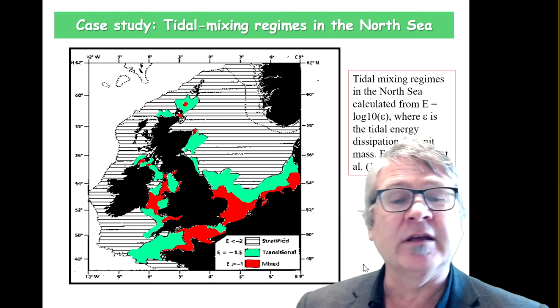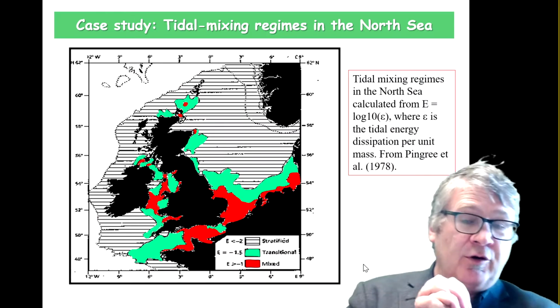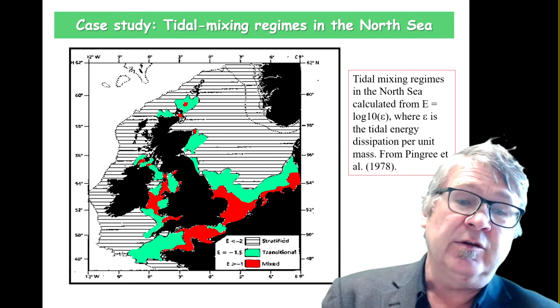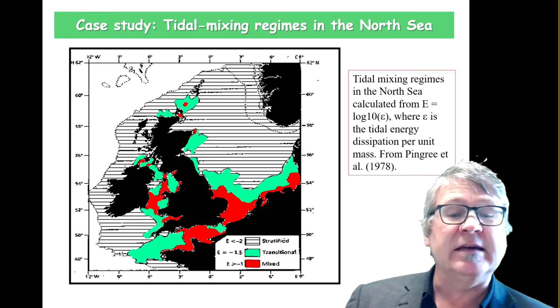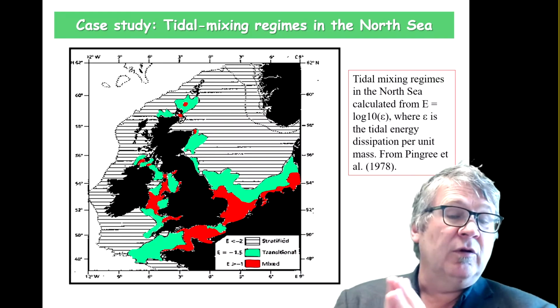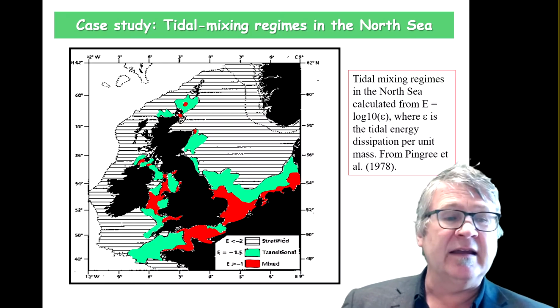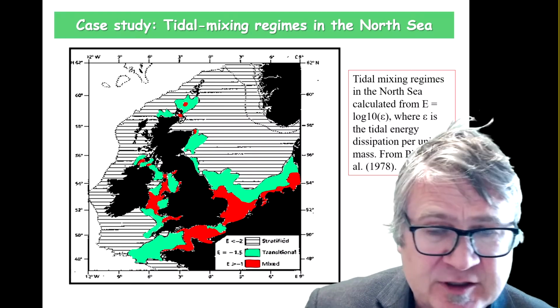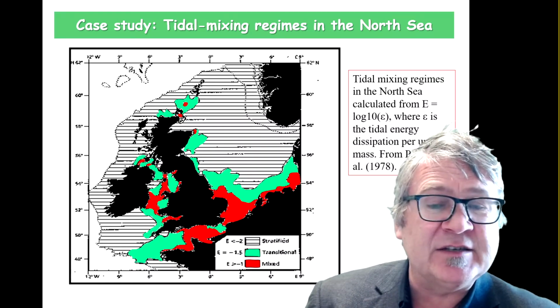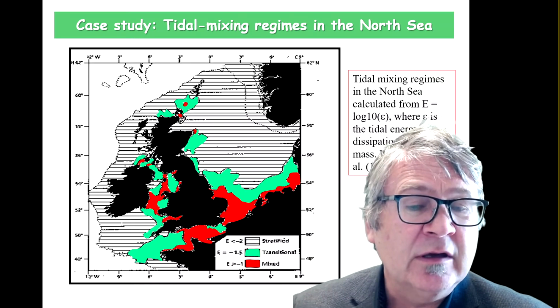Let's look at two examples. One is in the North Sea, and in particular the Irish Sea. Here are the different zones that can be identified. There are different methods by which you can create these maps, but I'm not going into the detail.